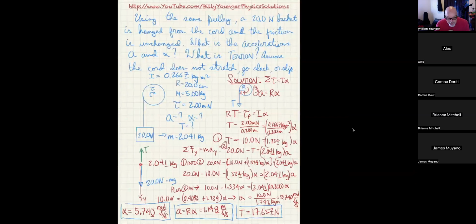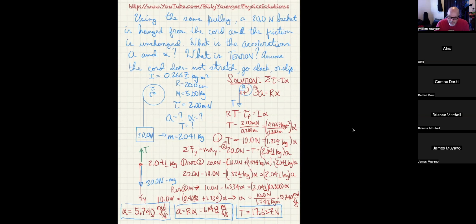A 20 Newton weight hanging from it basically only applies 20 Newtons to the pulley if the pulley's holding it up, but the pulley's not holding this up. The mass is actually causing the pulley to rotate. So you end up getting a tension that is in fact smaller than 20. That's why we see that it's 17.65.